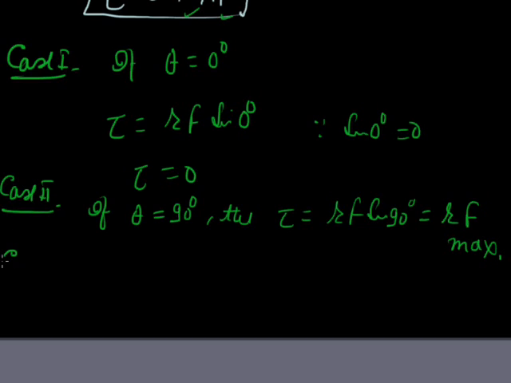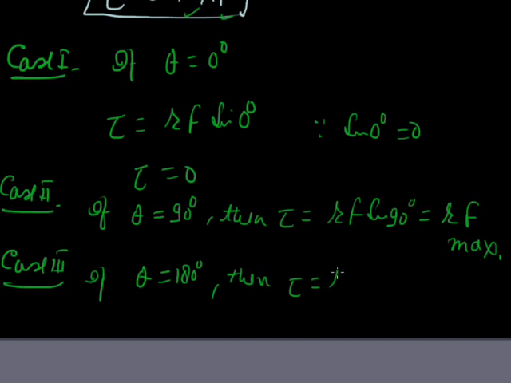Now case 3: if theta is 180 degrees, then tau will be R F sine of 180. Sine 180 is sine of 90 plus 90, that's cos 90, and cos 90 is 0, so torque will be 0.